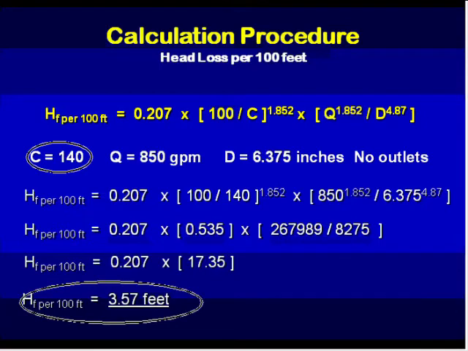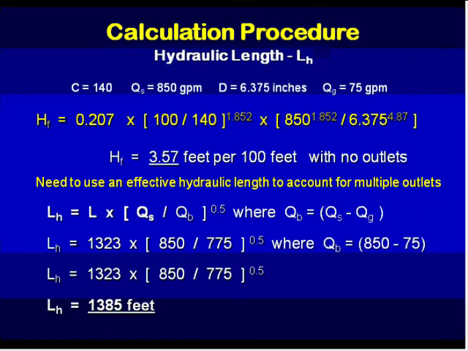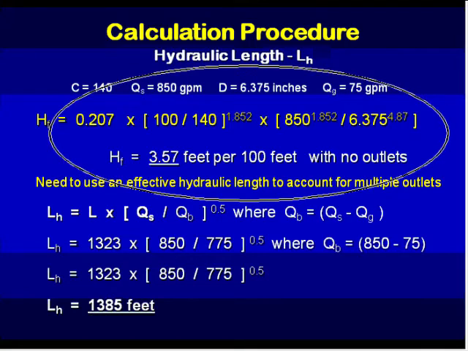Now, again, this is a scenario where we still have to deal with the fact that we've got an end gun on the end of our system, so we're going to make some adjustments in this value as we go along. This is what we originally dealt with up here on the top. We ended up with our 3.57 feet of head loss per 100 feet of pipeline.